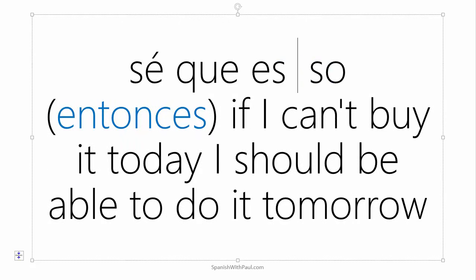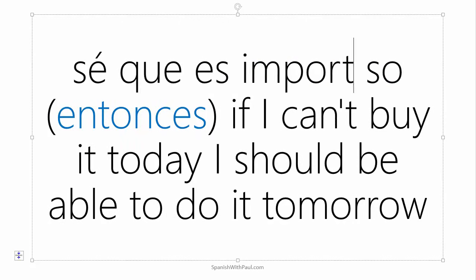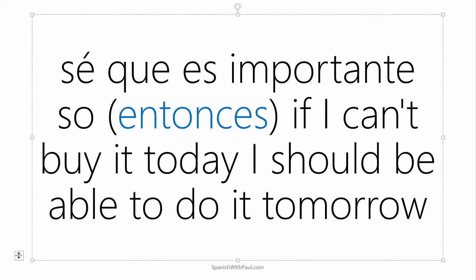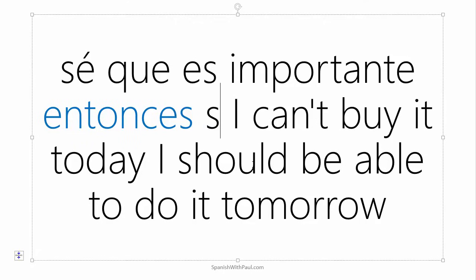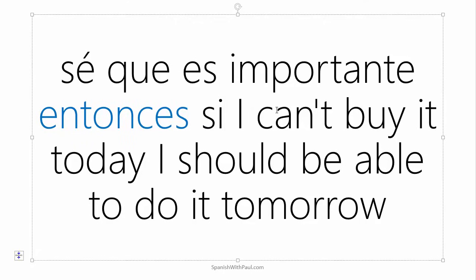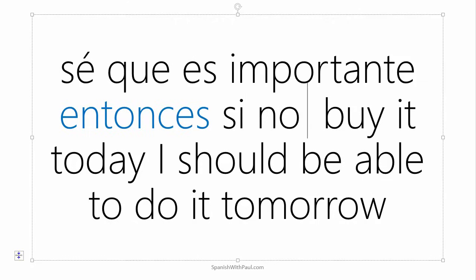So would be es importante. We already have our word for so, it's entonces. Let's get rid of this. The word for if is si, right? I can't. The word for no can't is no puedo.